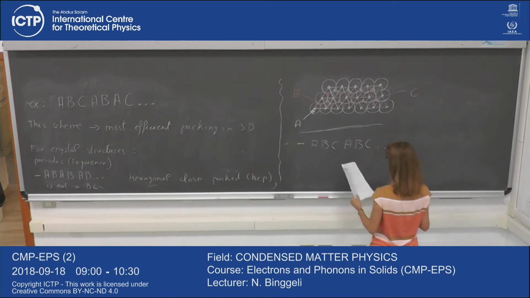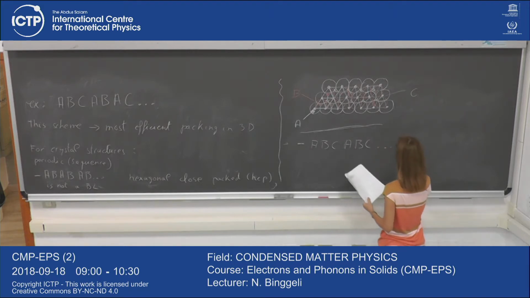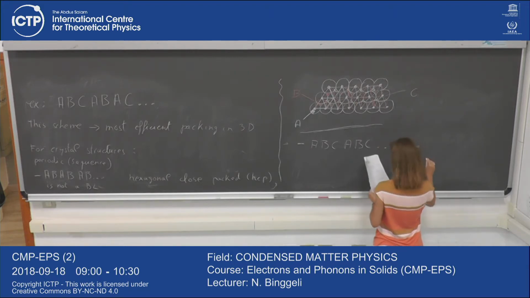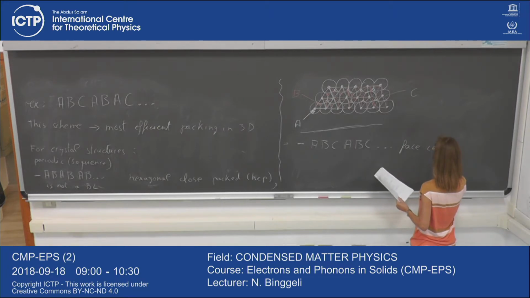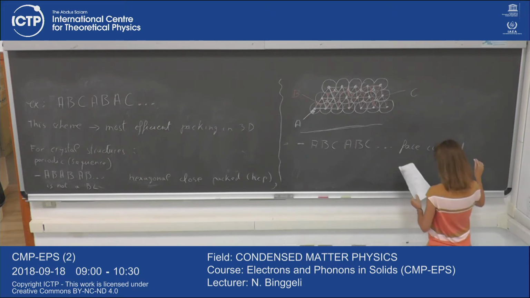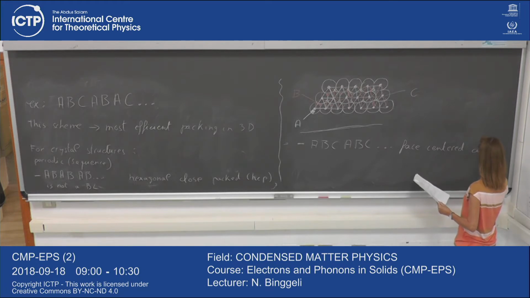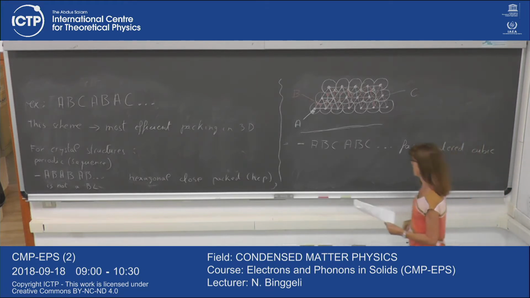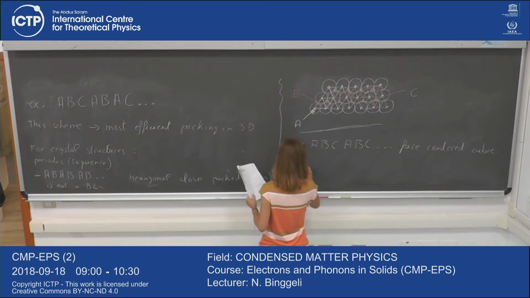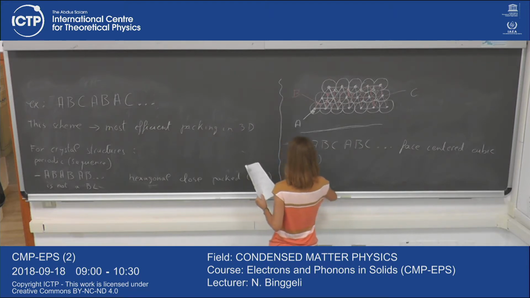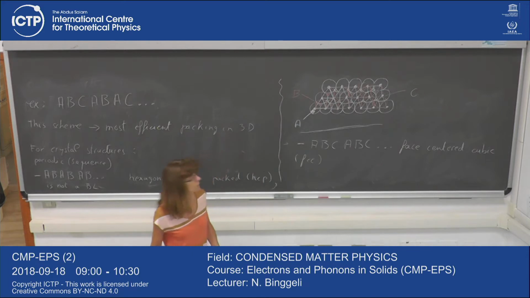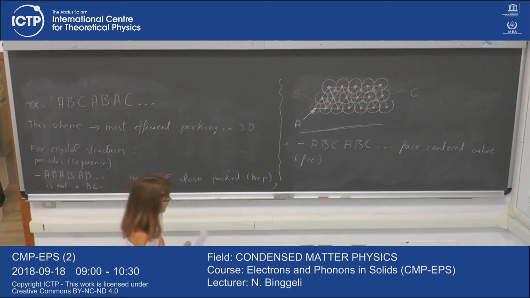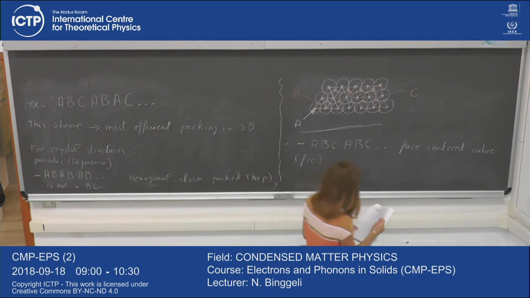So ABC, this packing of spheres, corresponds to the face-centered cubic lattice. So the FCC lattice that I mentioned before, and this is actually one of the most efficient ways to pack spheres, the face-centered cubic structure.